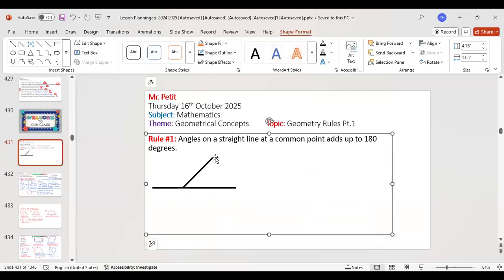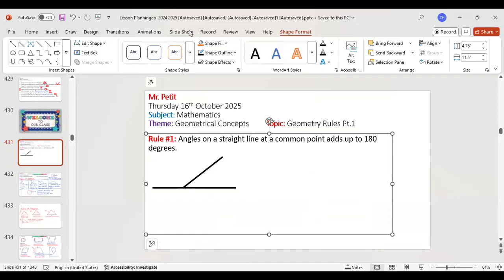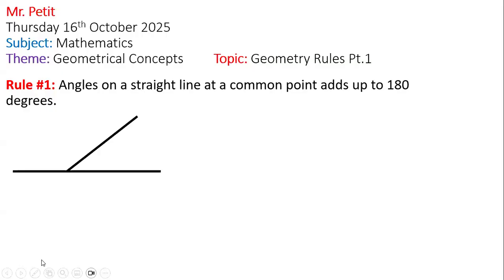Let's say we know that this is 120 degrees, and let's say that this is X. And they say, okay, find X. Can someone tell me how I'm going to find X? What's X going to be equal to?